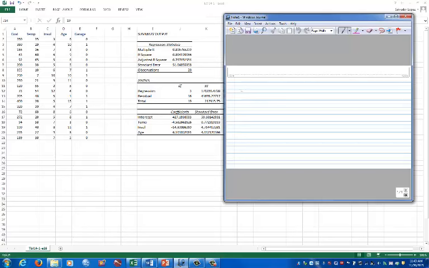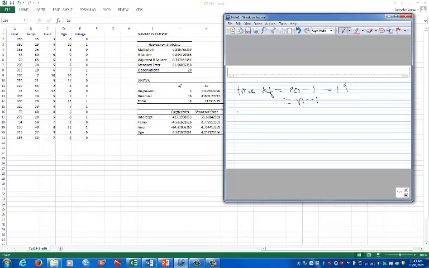You can always look at it this way. The total degrees of freedom are equal to 20 minus 1, 19. But that is n minus 1.